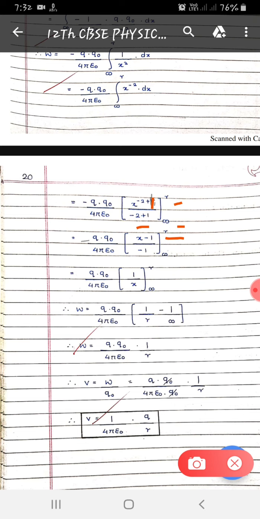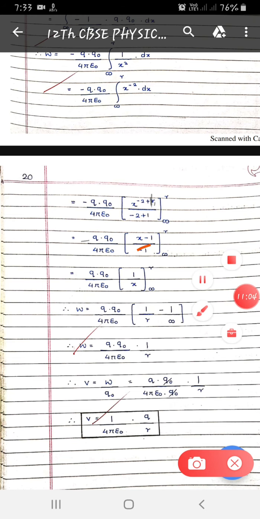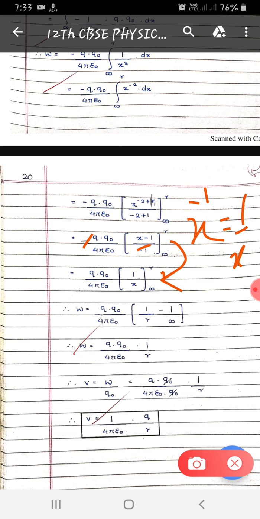This is not x minus 1, this is x raised to minus 1. So x raised to minus 1 divided by minus 1, and the two minus signs cancel. So the next step, x raised to minus 1 we can write as 1 upon x.